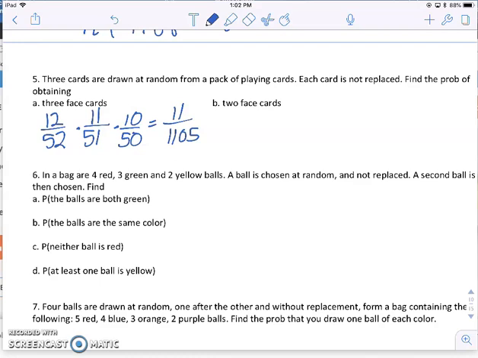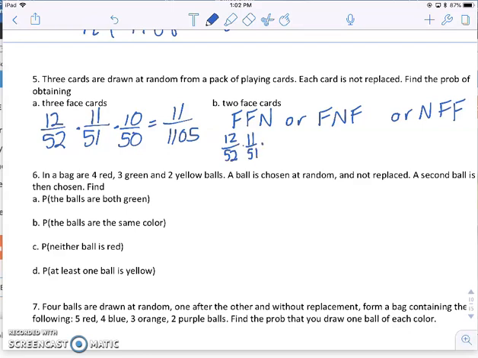Two face cards. So you're drawing 3 cards. So what could we draw? We could draw face, face, no, or face, no, face, or no, face, face. So face, face, no. 12 out of 52, 11 out of 51.